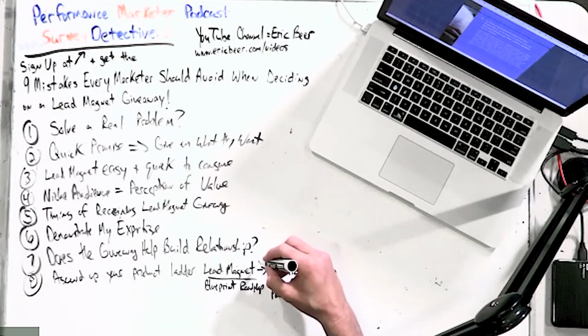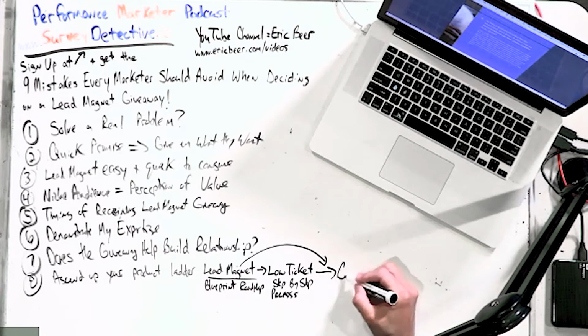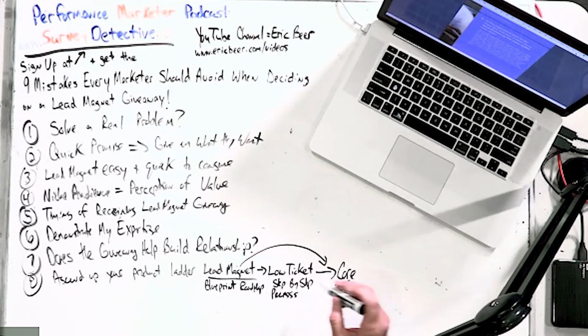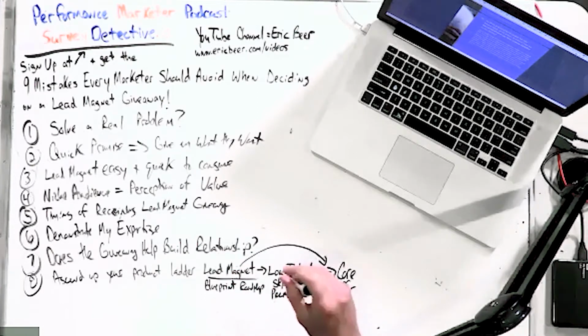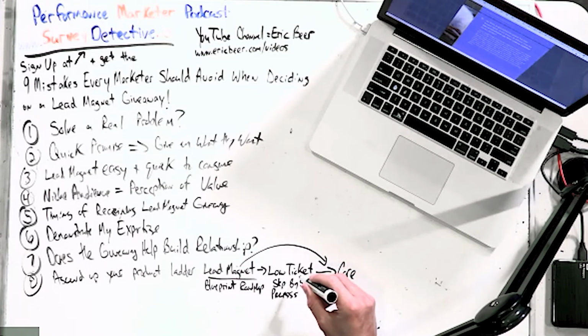Right? Now, usually, and you can also skip over, it's usually your core offer. Okay? Whatever that core offer is, where you want to take them. Now, it can go from your lead magnet to your core offer, or it could go lead magnet to low ticket to your core offer, right? It could go lead magnet to a low ticket.